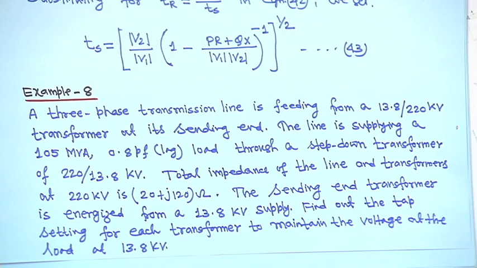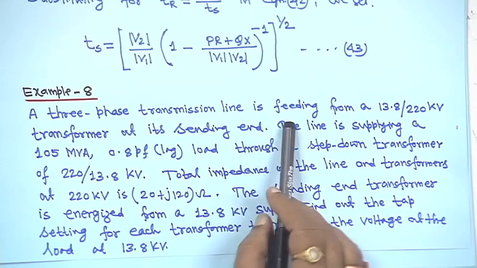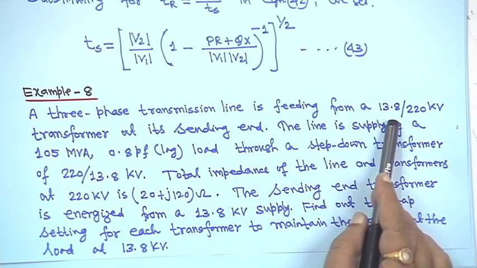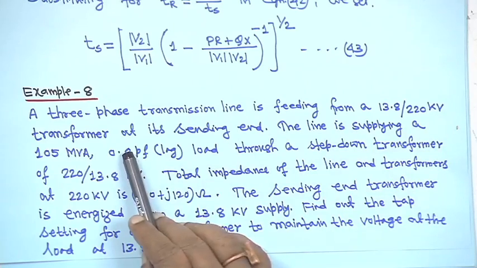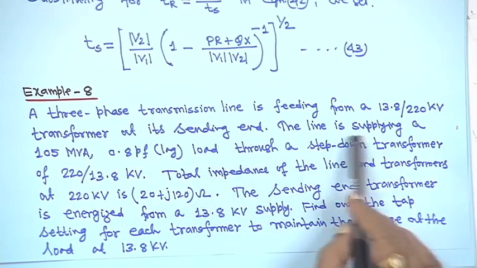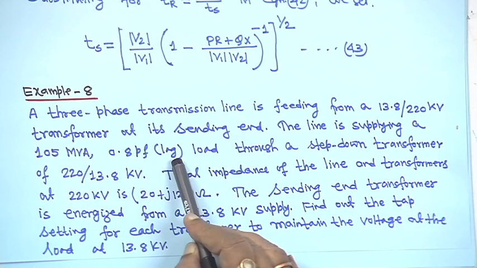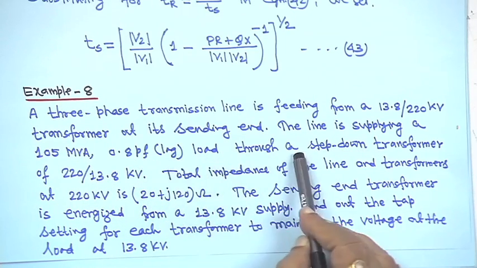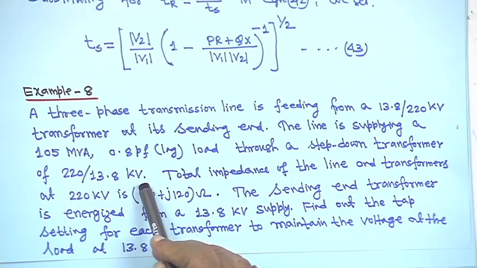Now, take one example. A 3-phase transmission line is fed from a 13.8/220 kV transformer at its sending end. The line is supplying a 105 MVA, 0.8 power factor lagging load through a step down transformer of 220/13.8 kV.